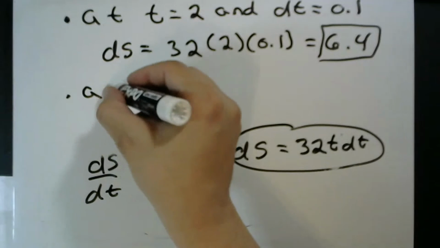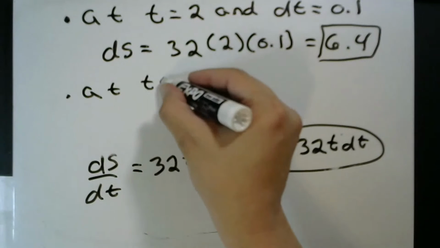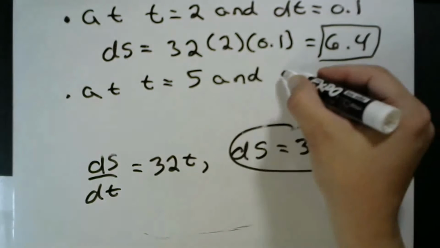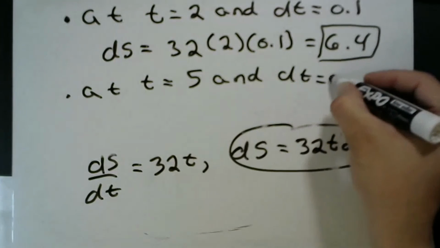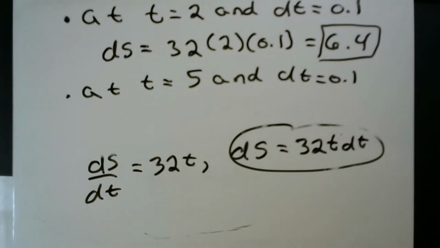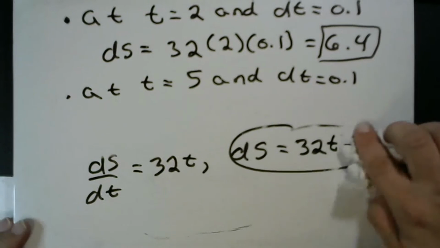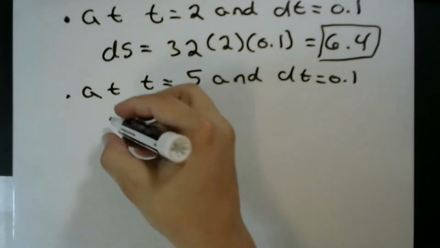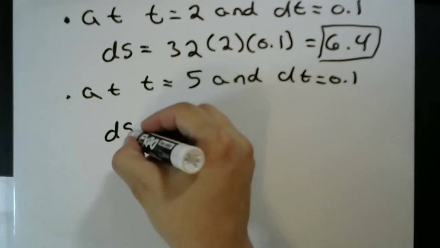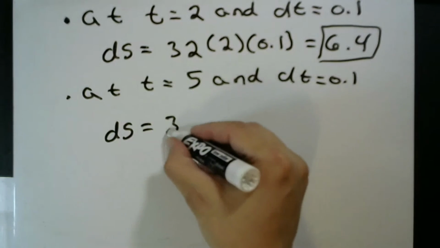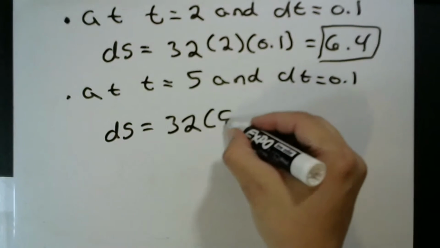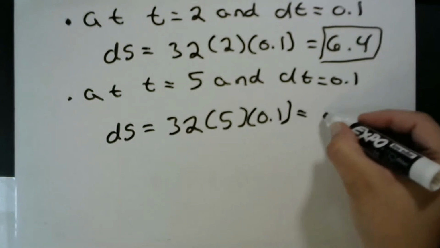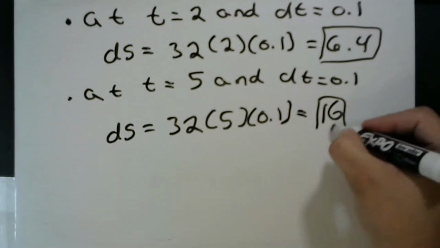And then if we do the same calculation, but let's make t equal 5 and dt 0.1. So ds is 32 times 5 times 0.1, or 16.